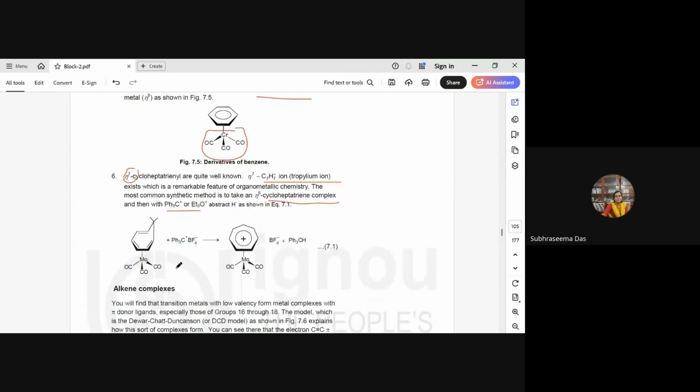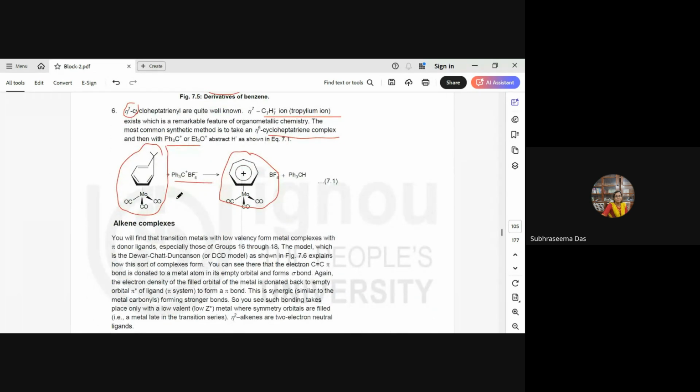Here it has been shown: on the left-hand side is the cycloheptatriene complex. This is reacted with Ph3C plus BF4 minus, which ultimately forms the tropylium ion, the C7H7 plus ion. This is how the tropylium ion is formed.